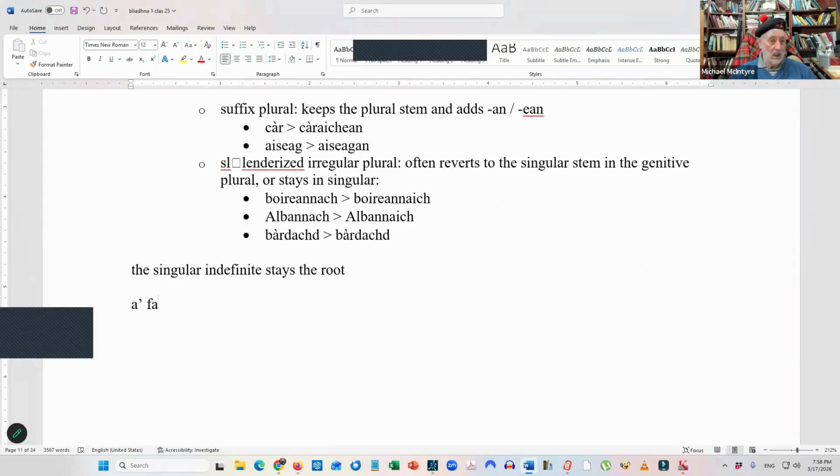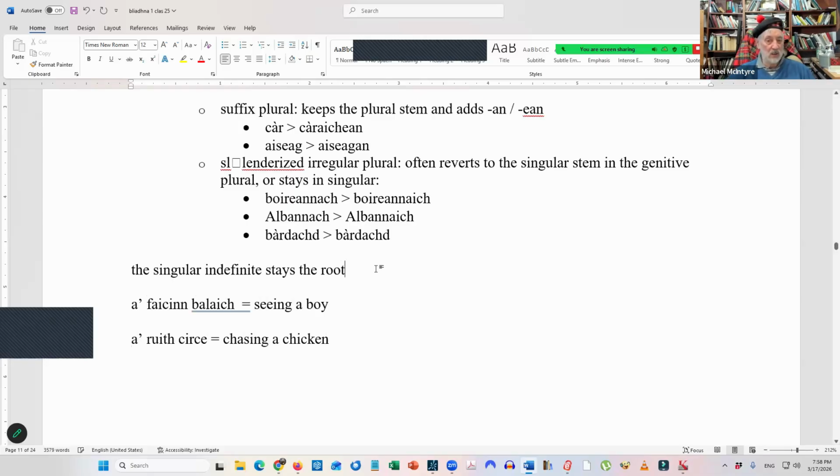A fechin balich, seeing a boy. Arui kirka, chasing a chicken. Singular indefinite stays the root, stays the genitive, the base genitive. So a fechin balich.